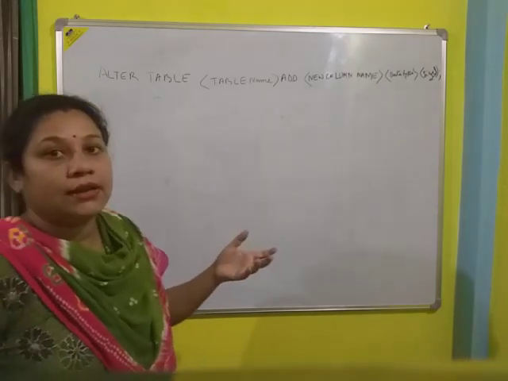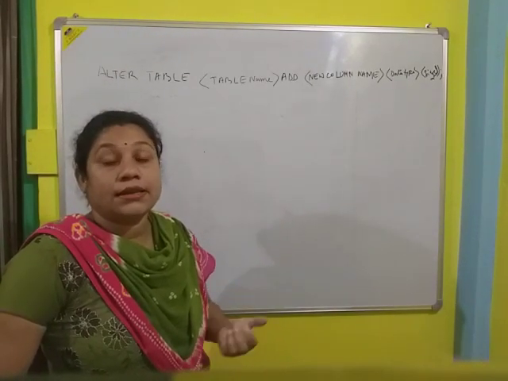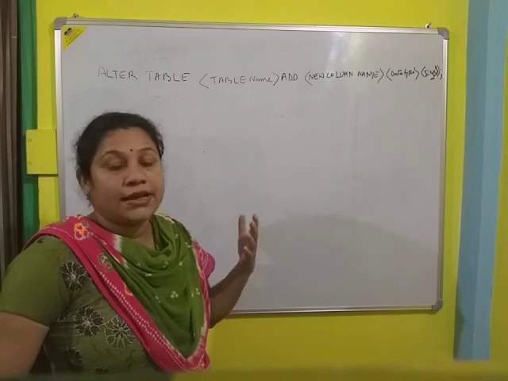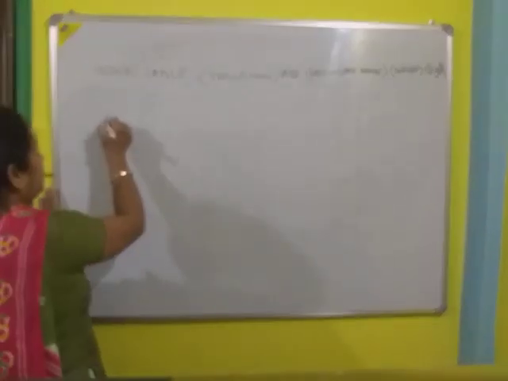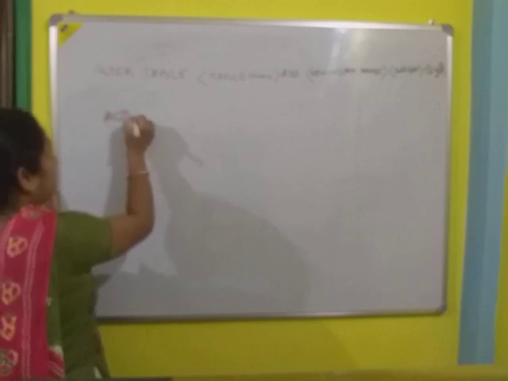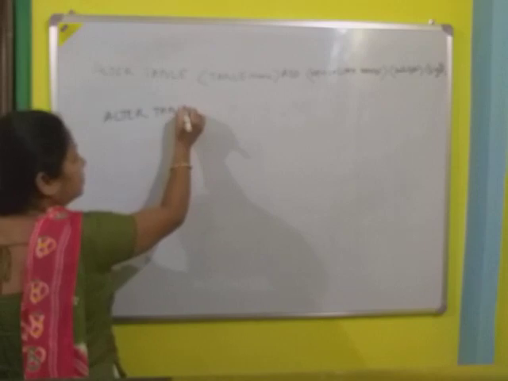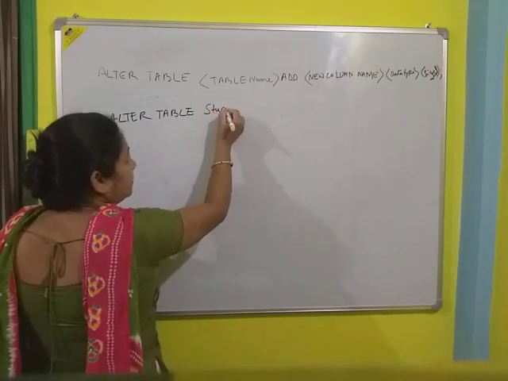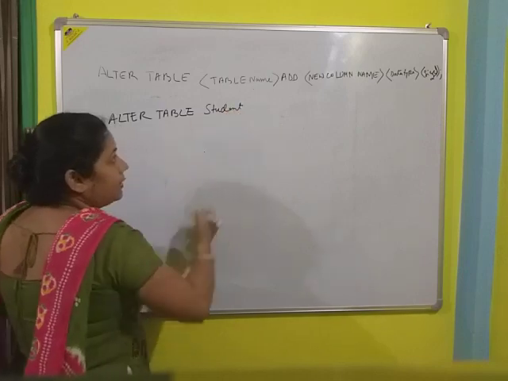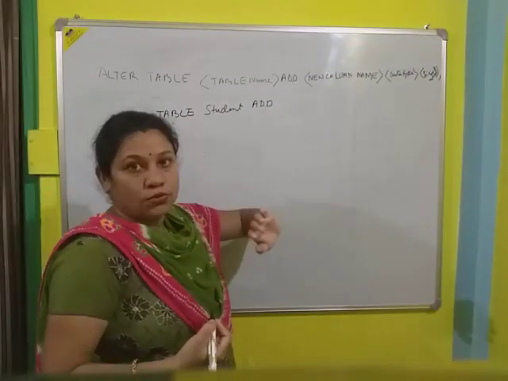Now I am going to take one example where the table name is student, which I already discussed in the last class. So here I write alter table. What is the table name? That is student. And I use the command add. Now it is time to give the name of the new column.